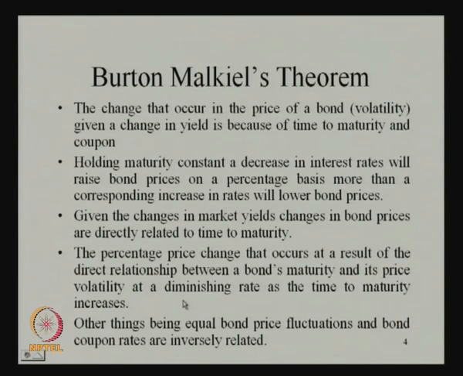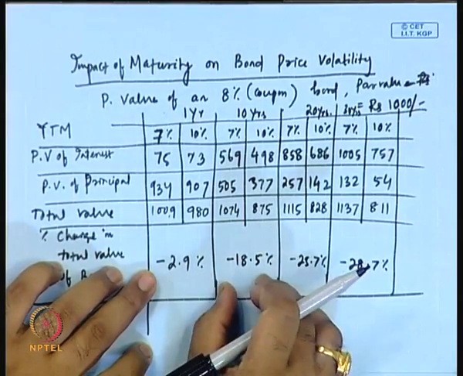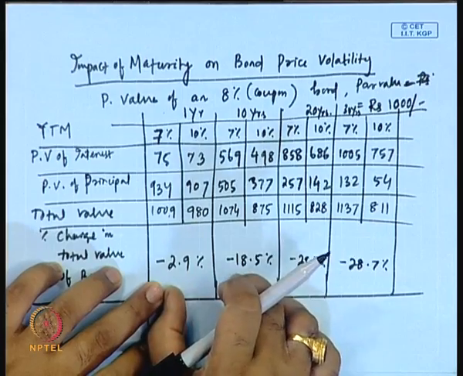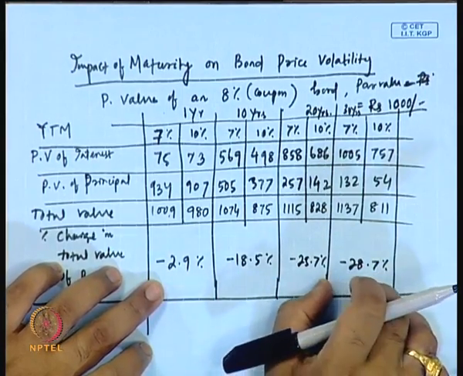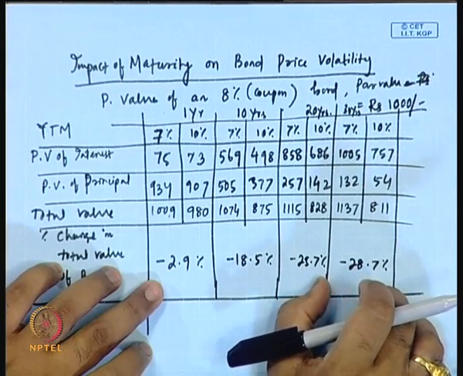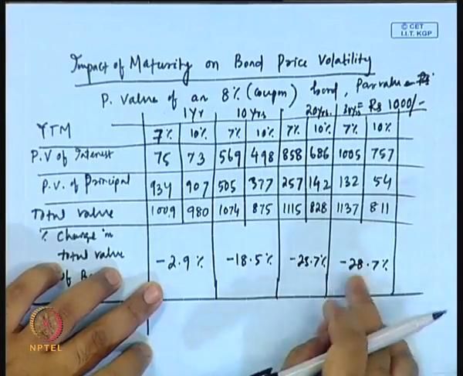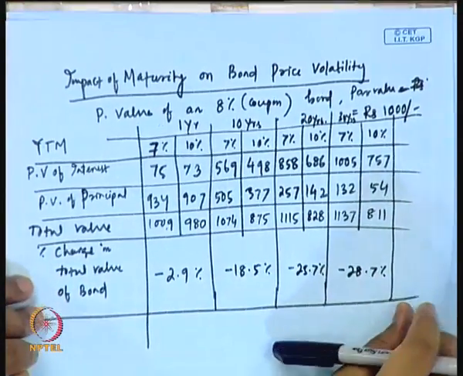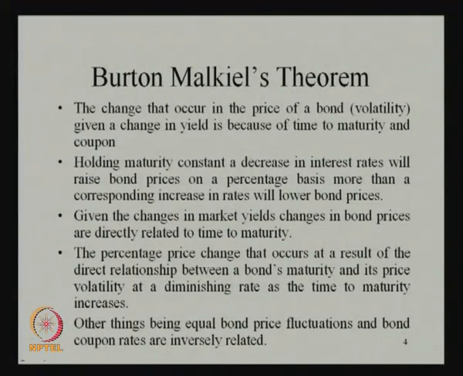If you go on measuring this, from minus 2.92 to minus 18.5 there is a difference of around 16%, but here it is around 7%, and then it again declines to 3%. So there is a diminishing rate as we go on increasing the term to maturity. This is the theorem we can derive on the basis of Malkiel's concept.